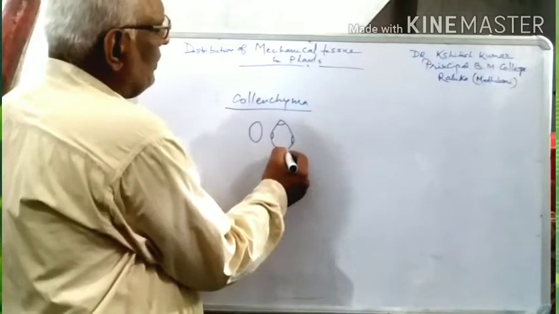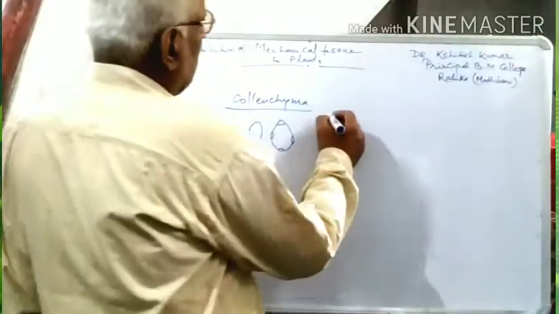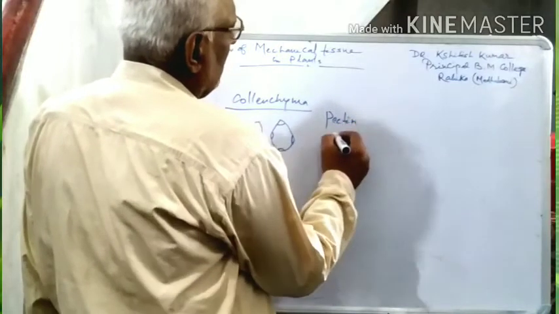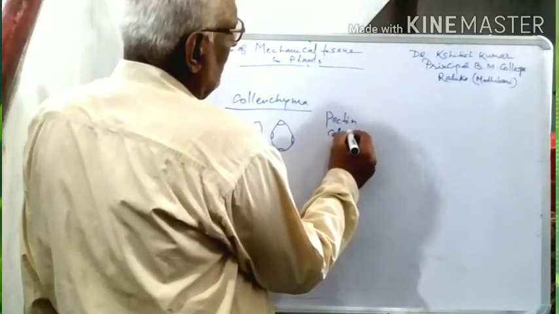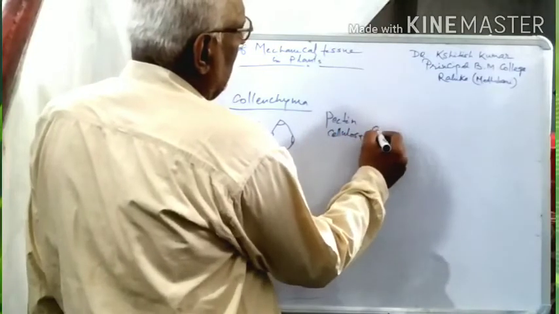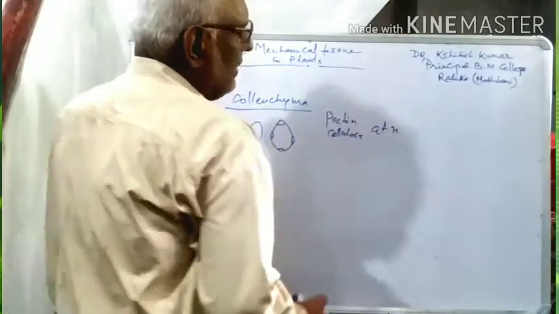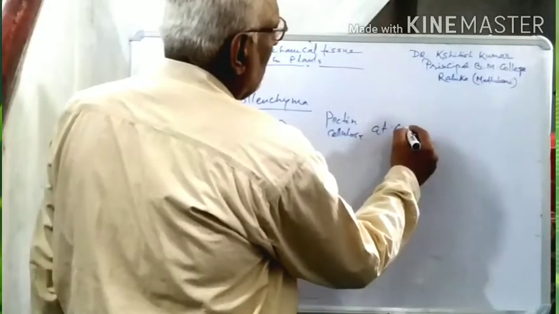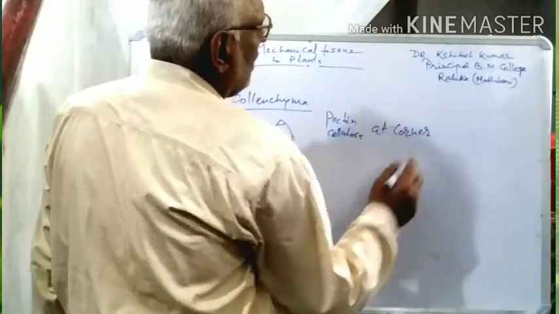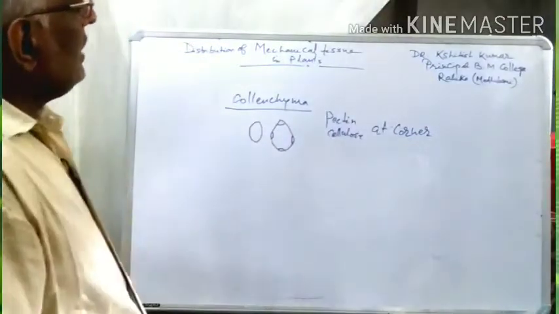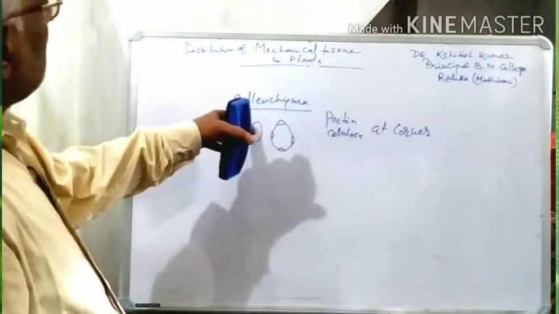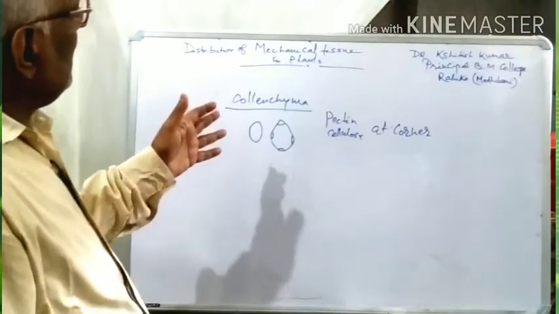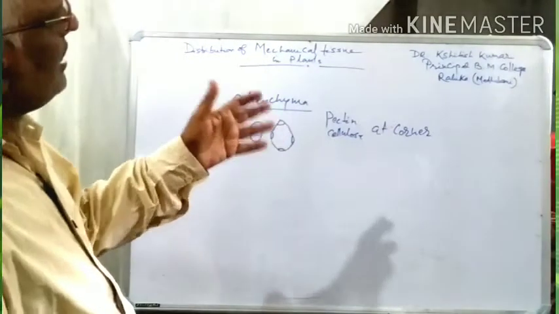What is deposited? Pectin and cellulose at the corner. So in the collenchyma, at the corner, they show thickenings.